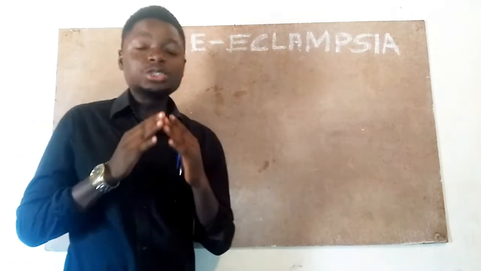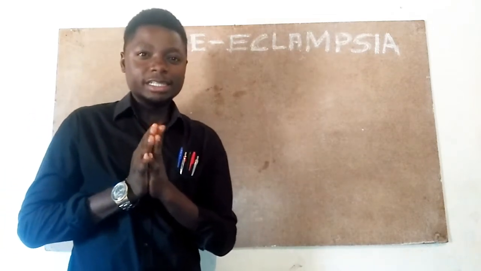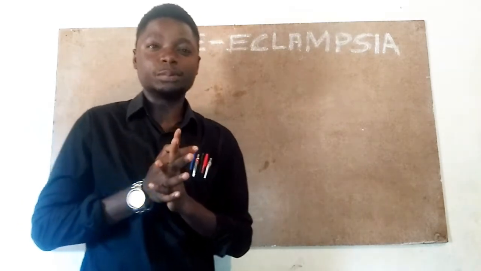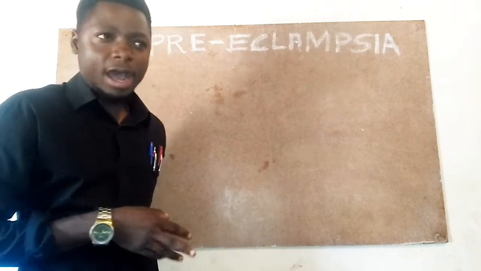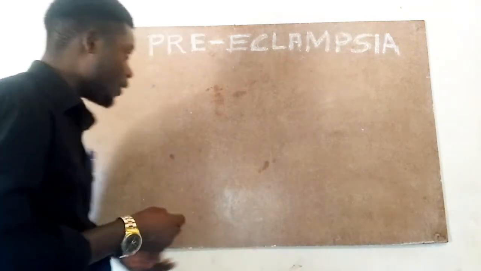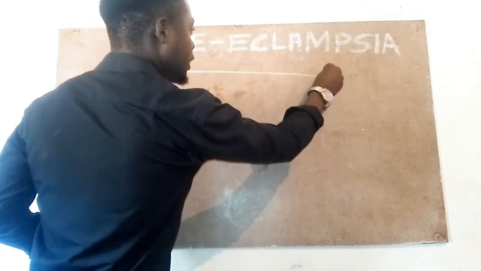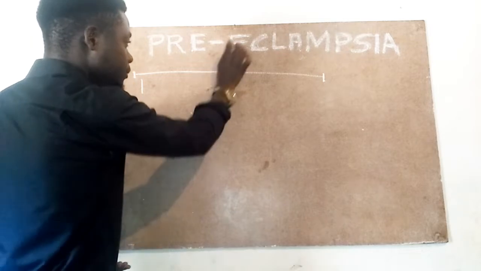But before we get into the meat of this talk, I want to differentiate these various types of hypertensive disorders in pregnancy. And the best way to do that, we have a scale of 1 to 40. So here we have the scale, and that way there will be 20 in the middle.